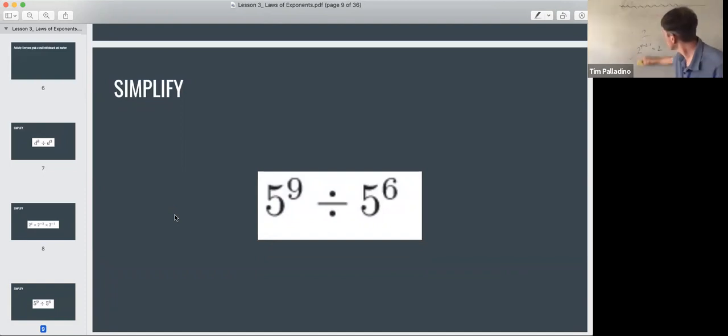So go ahead and do that next one. That one should just be 5 cubed.